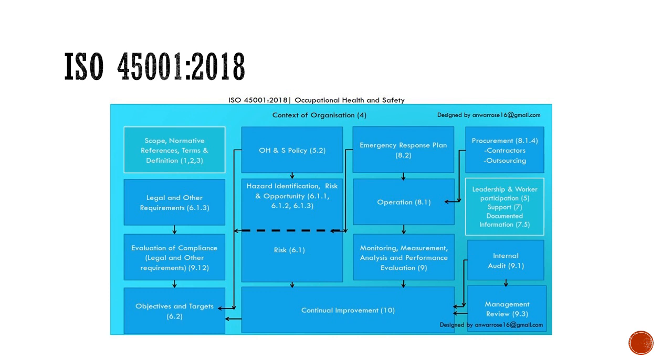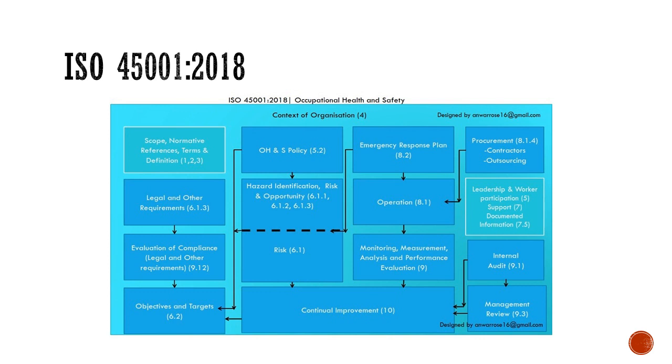Leadership and worker participation as per clause 5, support as per clause 7 and documented information as per 7.5. These all are as important as scope, normative reference, terms and definition as per clauses 1, 2 and 3. And this whole standard is embedded into clause 4, which is the context of the organization.